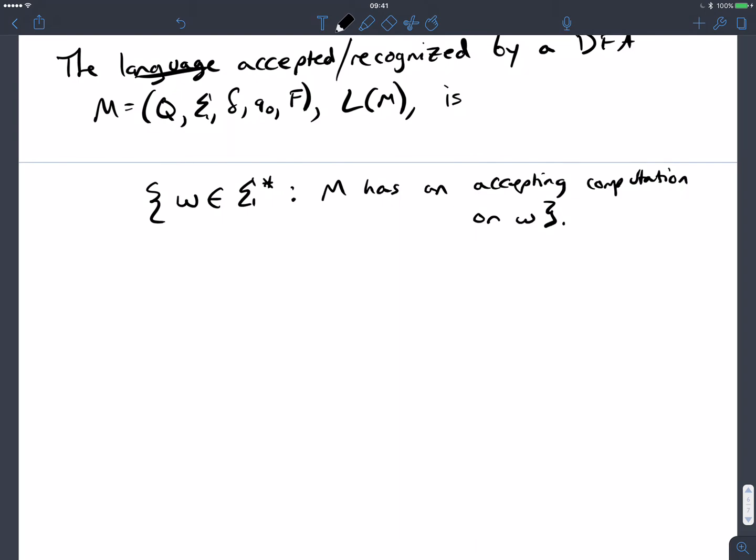Yes. Because, like in the previous example, if you never went to the final state, there's no accepting computation for you. You will always reject on your only computation.